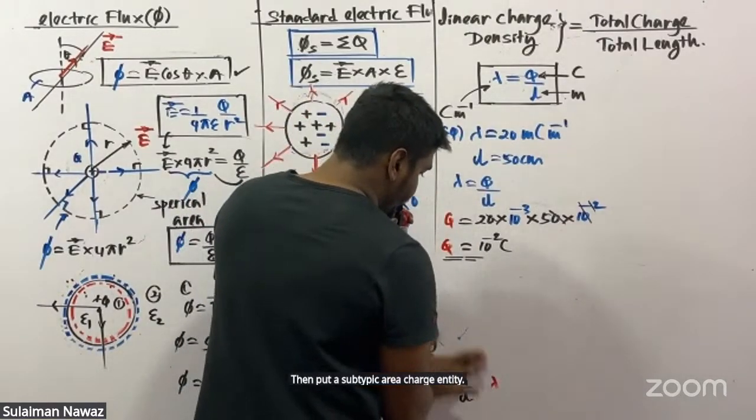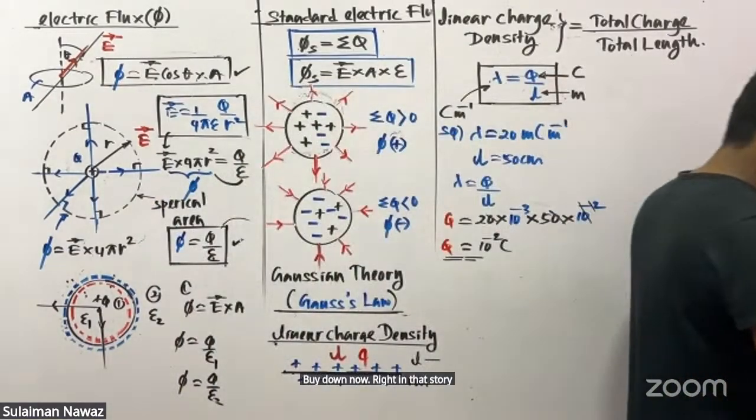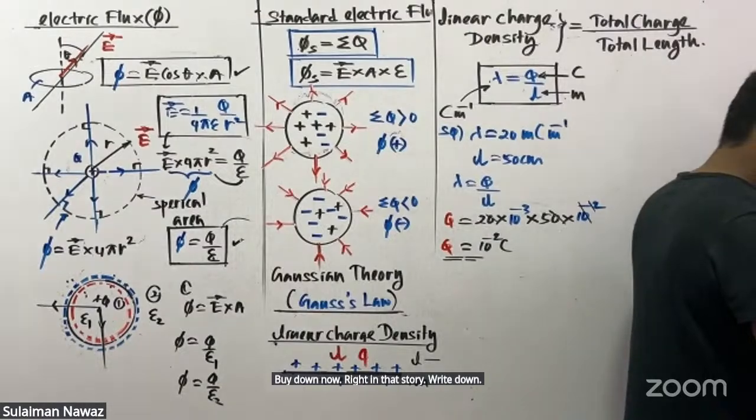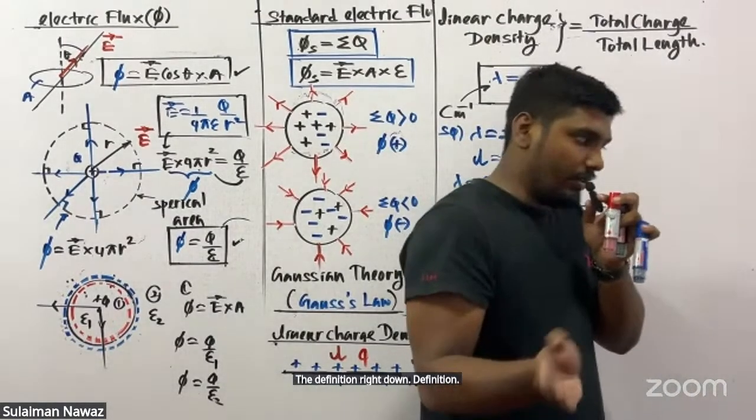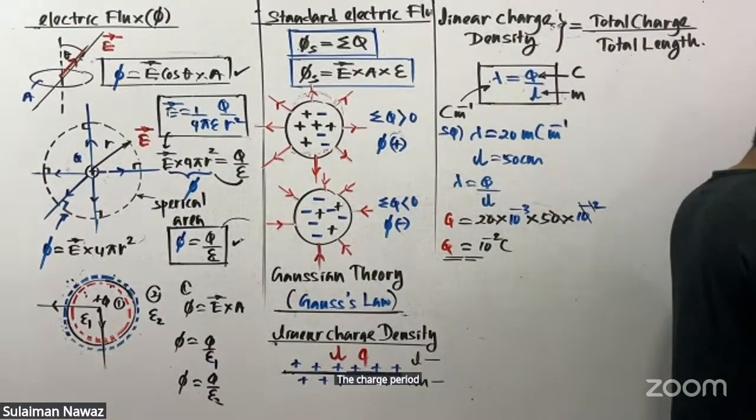Write down the definition. The charge per unit area is defined as area charge density.